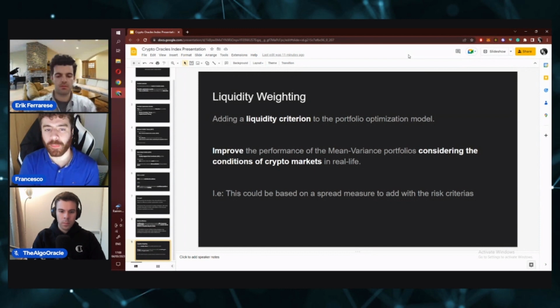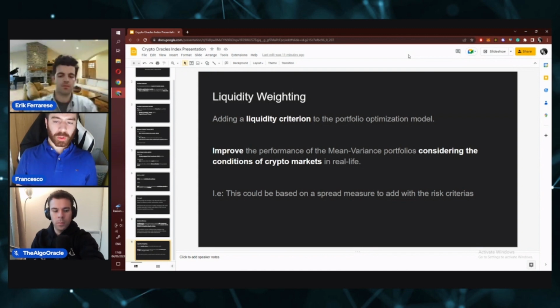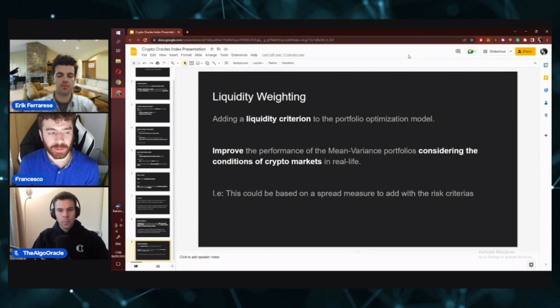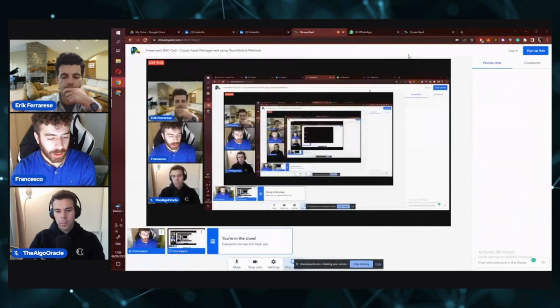That's the aim of the next call. But before then, we can start thinking about what assets we would like in this portfolio. So we could open a discussion if anyone has any feedback or input on this.